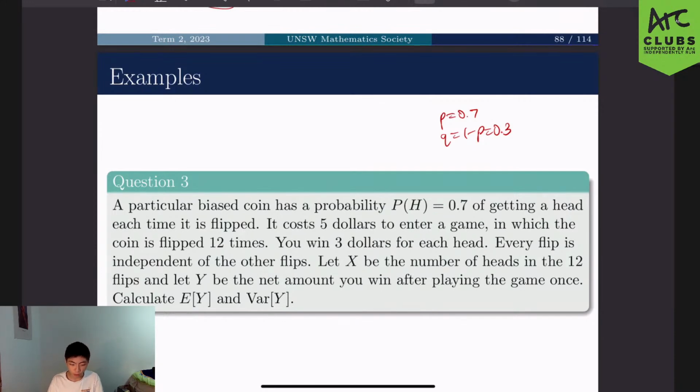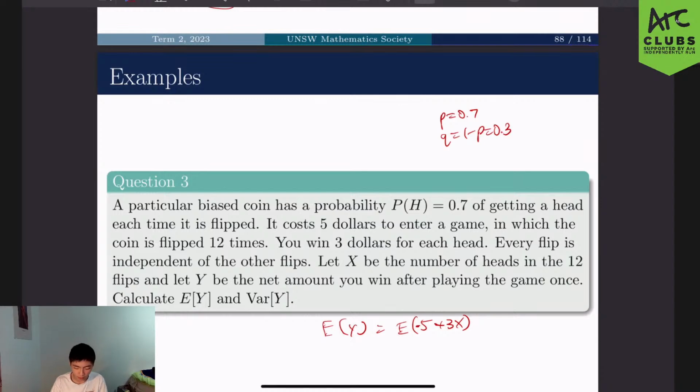So what we are looking for is E of Y equals E of negative 5 plus 3X. We pay 5 to enter the game, and then we gain $3 for every head. If X is the number of heads, then this is essentially what we are looking for.